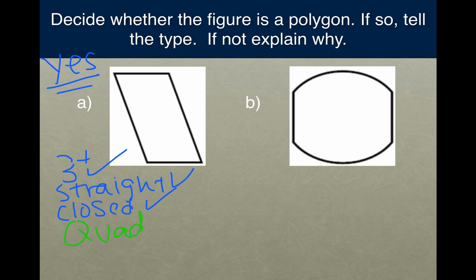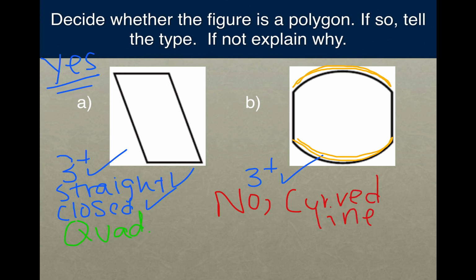B, let's look at it. It has, let's see, more than 3 lines. Are they straight? Well, let's look at these lines right here. They're curved, so we would say no, it's not a polygon because there are curved lines.